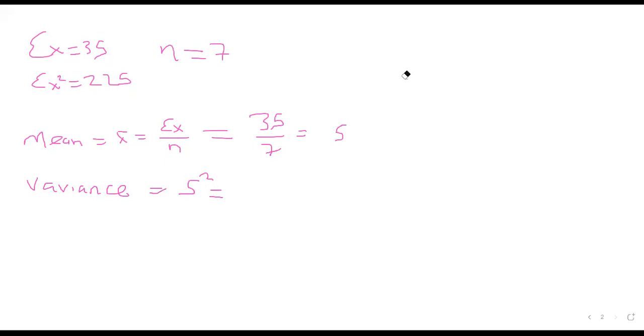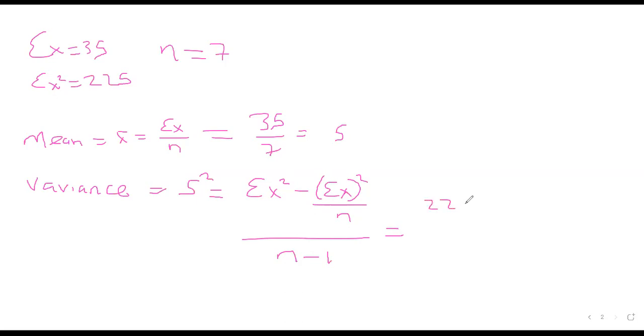So the sample variance is given by summation of x squared minus summation of x squared over n, everything over n minus 1.